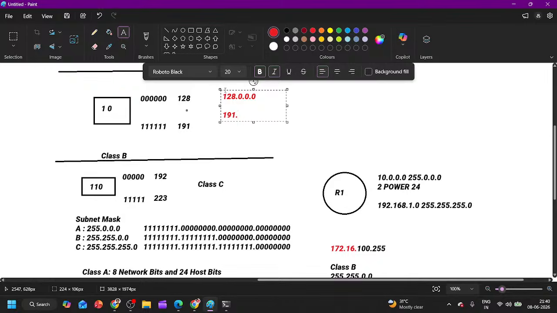In the second octet, 255. So 191.255.0.0 is the last network ID. 191.255.255.255 is not a network ID, it is the broadcast IP address of the last network from class B. The last valid IP address is going to be 191.255.255.254.